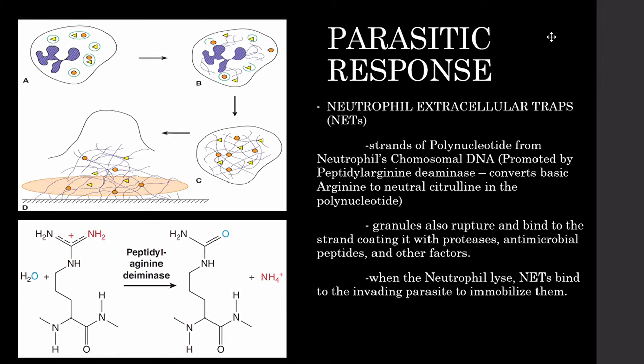Now, once lysed, those DNA strands, because the arginine was citrullinized to citrulline, form this net. It will not be dissolved because it is citrullinated. Okay? Thus, it would bind to your parasites.